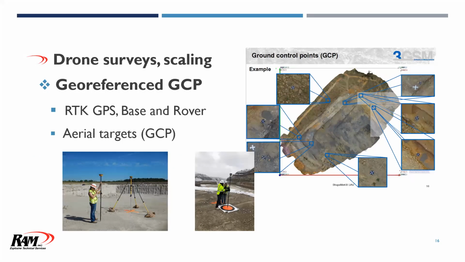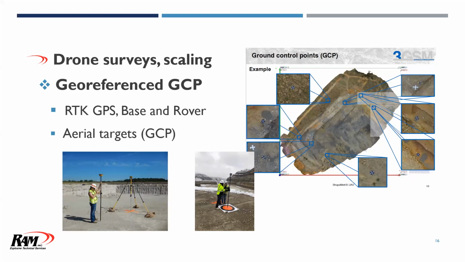And then once we fly it, we can then identify each of those ground control points like you see in the image up here on the upper right, and then assign that coordinate to it. So then we can scale pretty large areas to a high degree of accuracy with this. These systems, the big advantage here is a lot of flexibility.